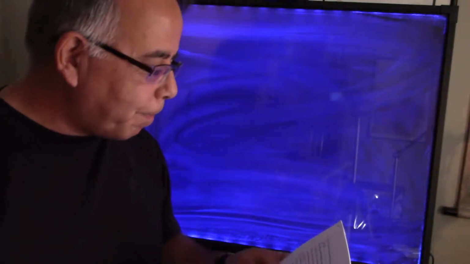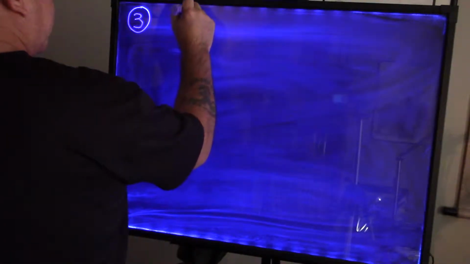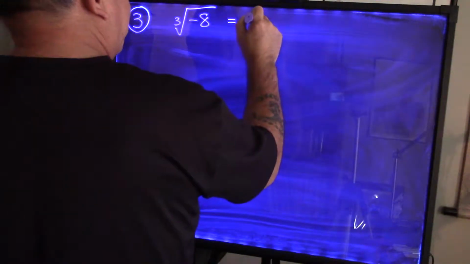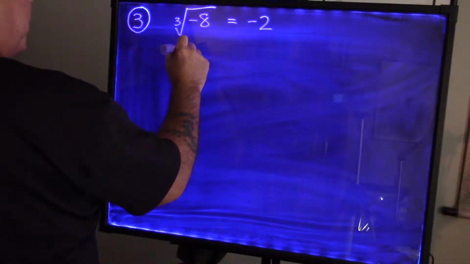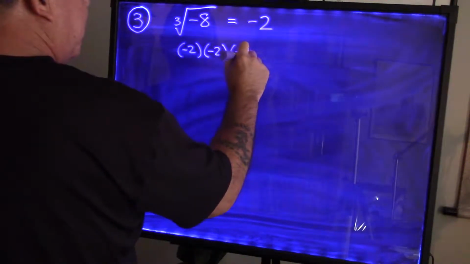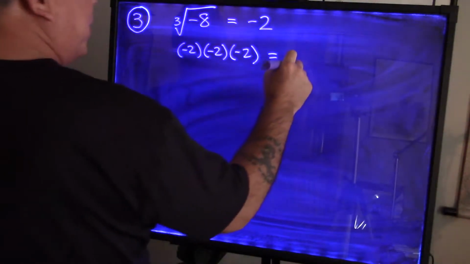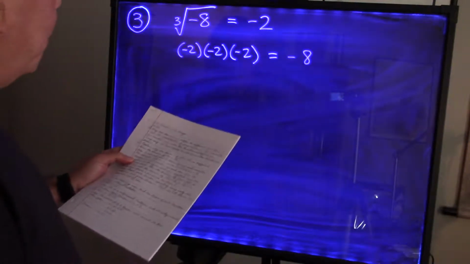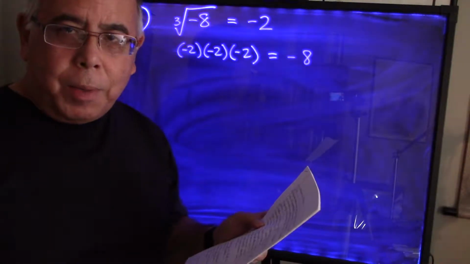For example, cube root of negative 8 is equal to negative 2, because negative 2 times negative 2 times negative 2 equals positive 4 times negative 2, which is negative 8. So the cube root function will handle any real number, positive or negative.